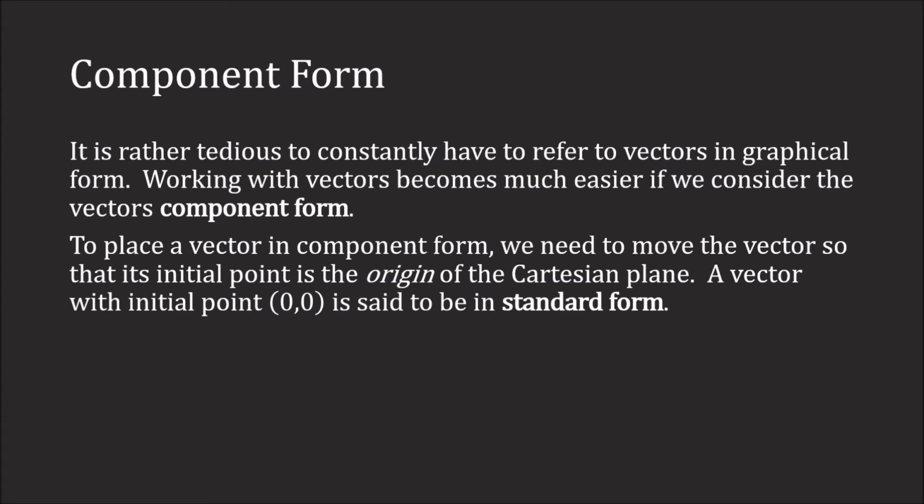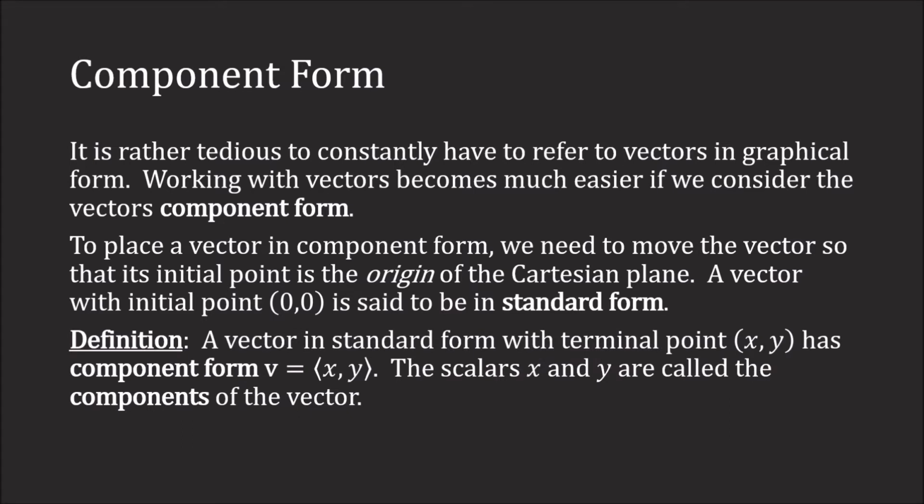A vector with the initial point at the origin is said to be in standard form. So a vector in standard form with the terminal point x, y has component form v equals x, y. The scalars x and y are called the components of the vector.